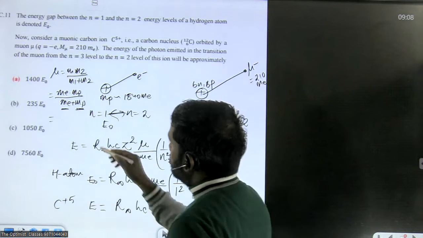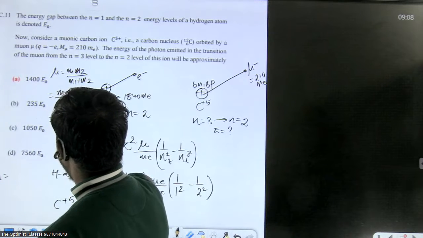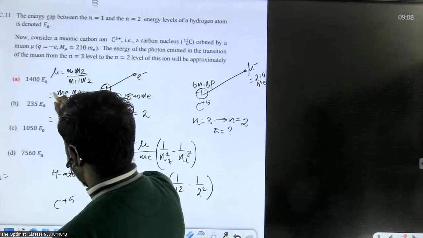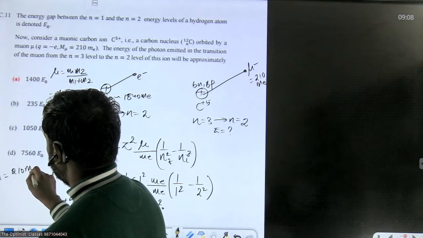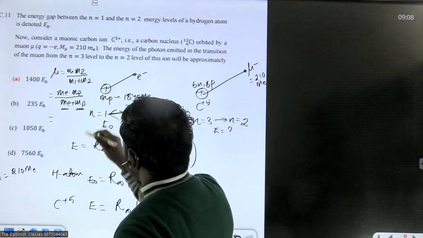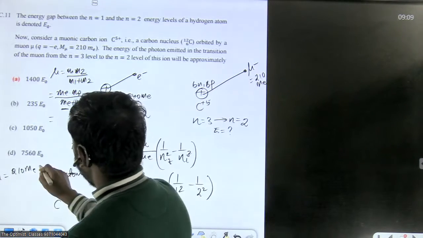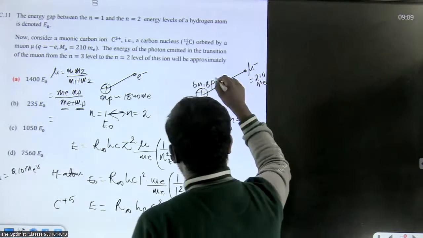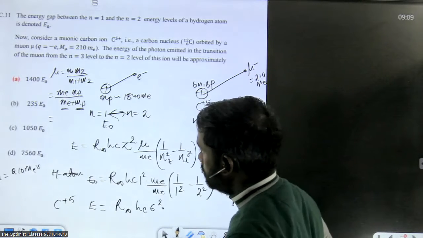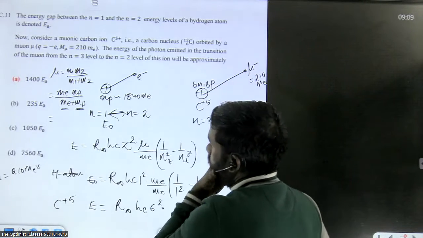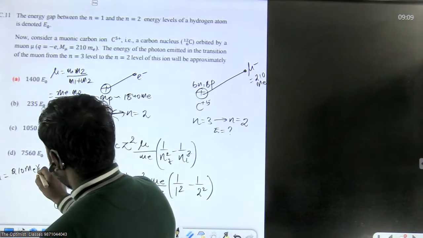Okay, so in the reduced mass formula we write mu equal to mass of muon in place of m1, which is 210 times mass of electron. In place of m2 we write the mass of this nucleus, which is approximately 12 times, since 6 neutrons and 6 protons are there. Mass of neutron and proton are almost the same, so this is 12 times mass of proton, and mass of proton itself is 1840 times mass of electron.